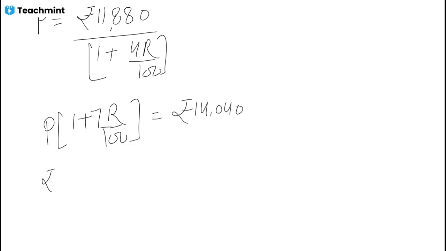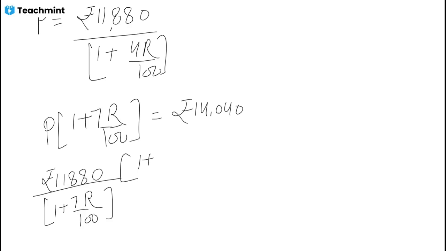So rupees 11,880 over 1 plus 4 times of R over 100 into, in the bracket we have 1 plus 7R over 100. Okay, here 4R we have, sorry. Are you getting it? Yes, yes.